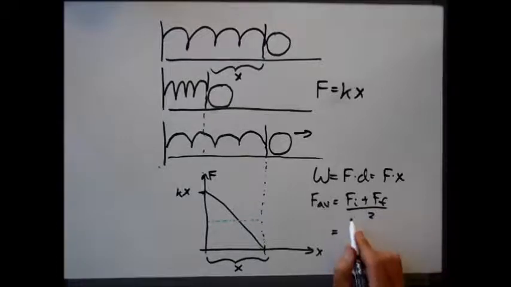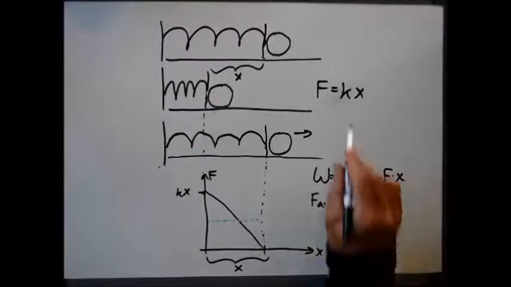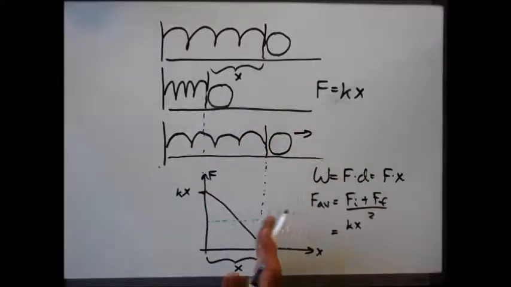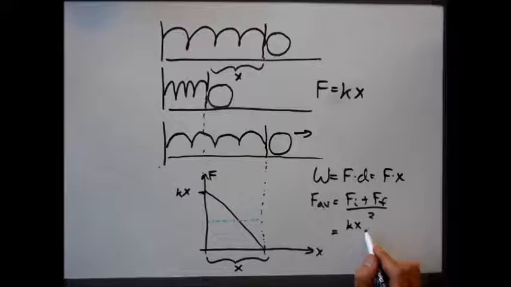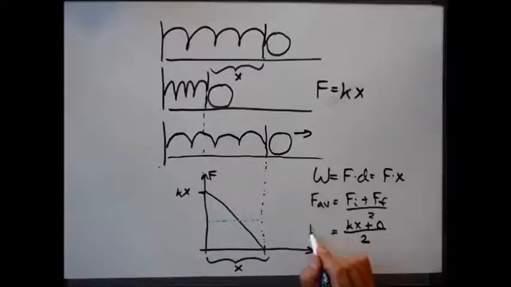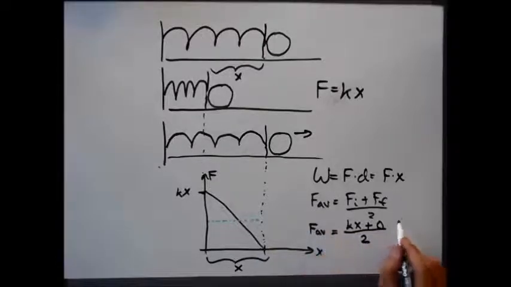The initial force was just kx, that's what we said all the way back here, if we compressed it a distance x. Similarly, the final force is 0, that's this force, and then divided by 2. And so it's just 1/2 kx.